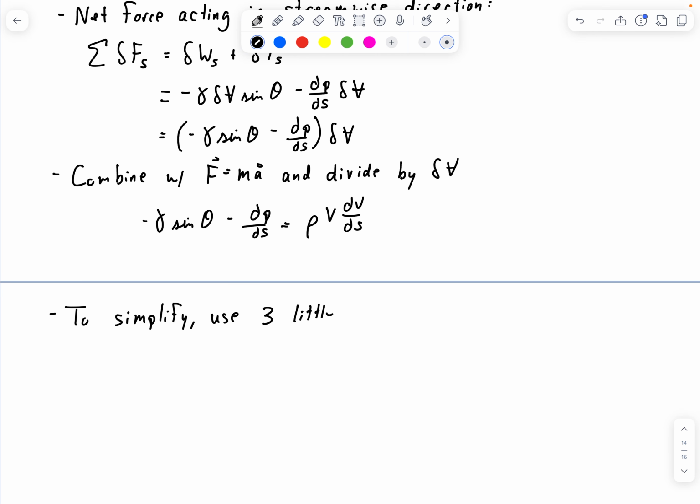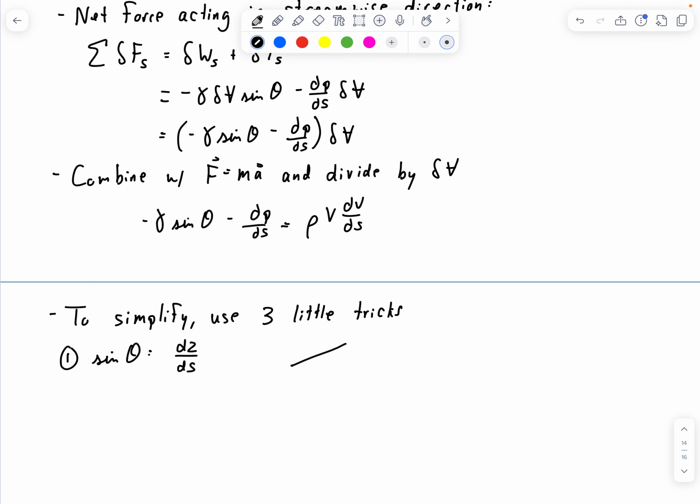And we won't do this in great detail, but just to give you a flavor of how this works. The first thing that we're going to do is use a different expression for sine of theta. We're going to say sine of theta is equal to dz divided by ds, right?